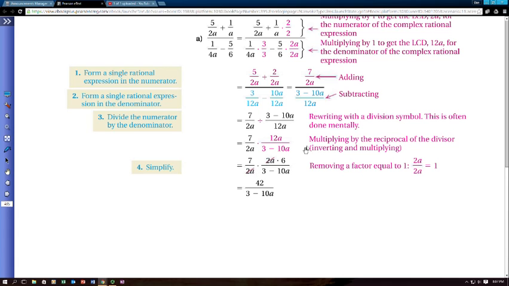They prime factor 12a to be 2a times 6, because I might have these common primes, which is removing the factor equal to 1. So I end up with 42 over 3 minus 10a. That's in simplest form if we didn't miss any common prime factors.